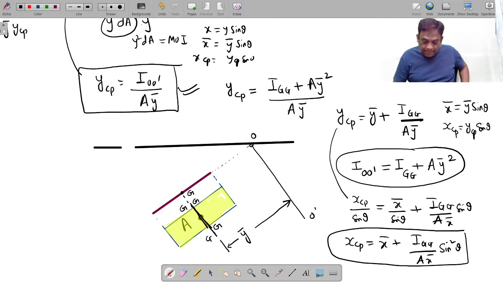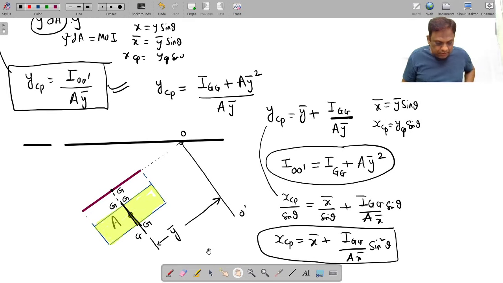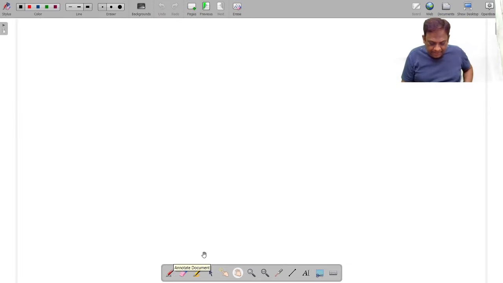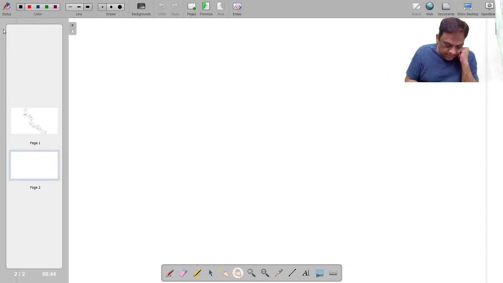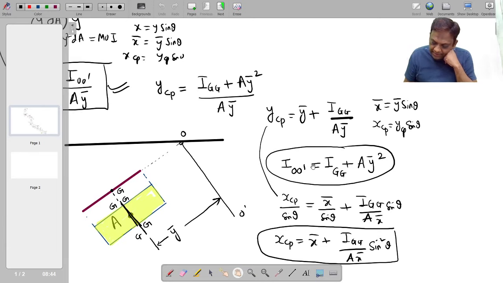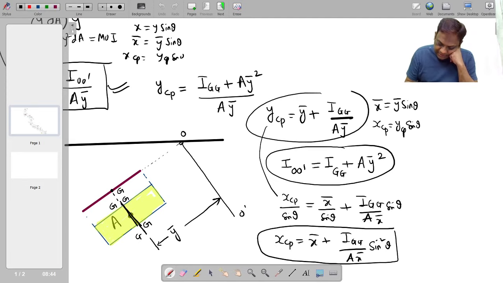Please note down that now I will give you two things, and try to understand those two things. One second. Now understand these two things. YCP is y bar, this equation. This is one equation and this is another equation.